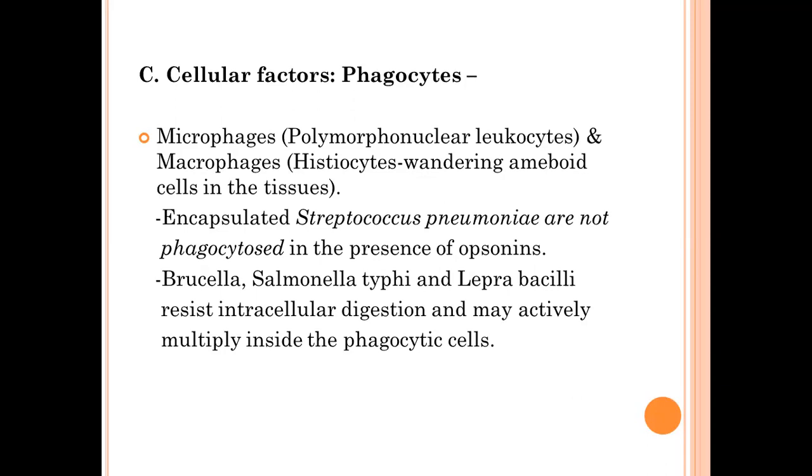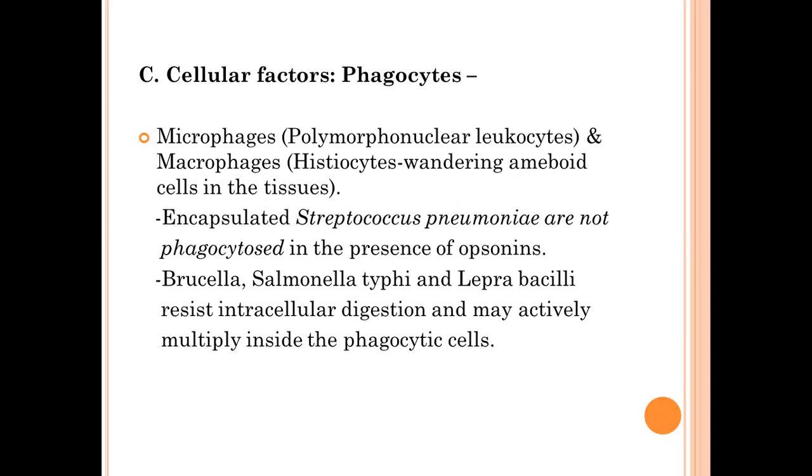But if any foreign particle has a covering, which is known as opsonin, then it will be difficult for these phagocytes to engulf it. For example, encapsulated Streptococcus pneumoniae are not phagocytized in the presence of opsonins. So these are things we have to consider.